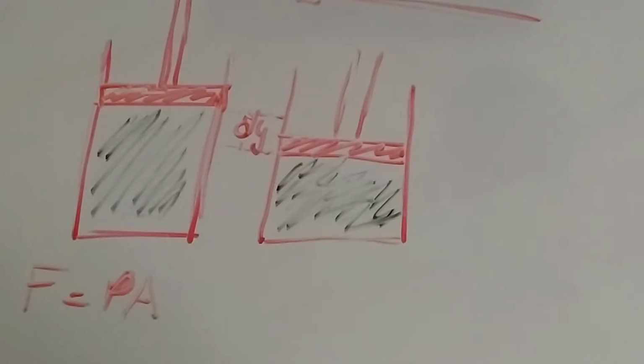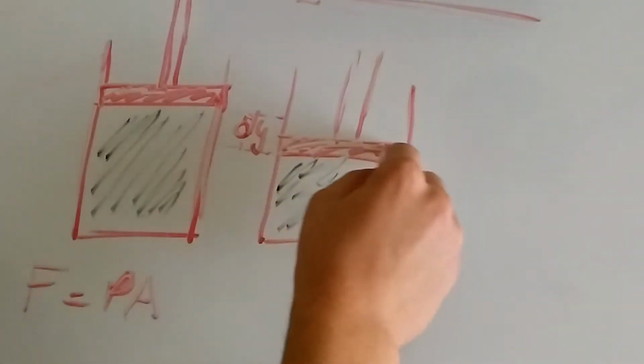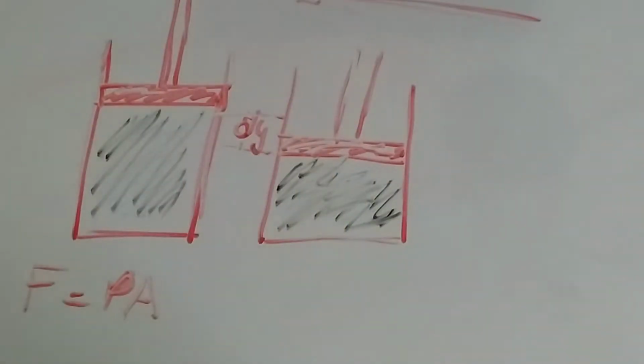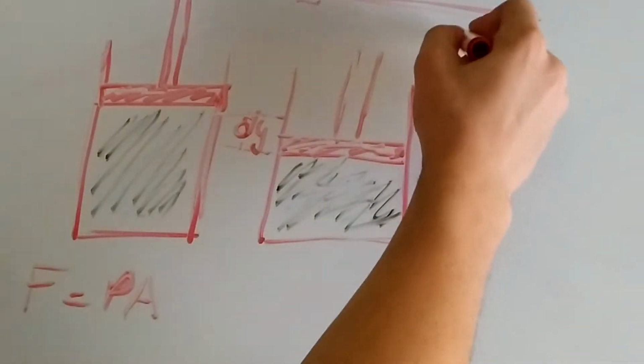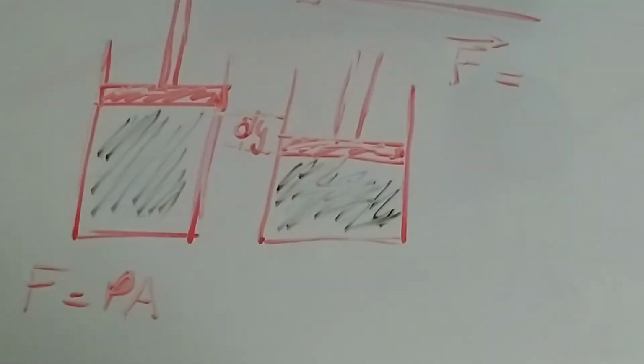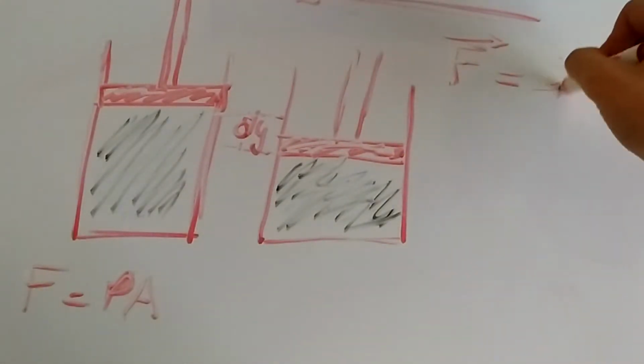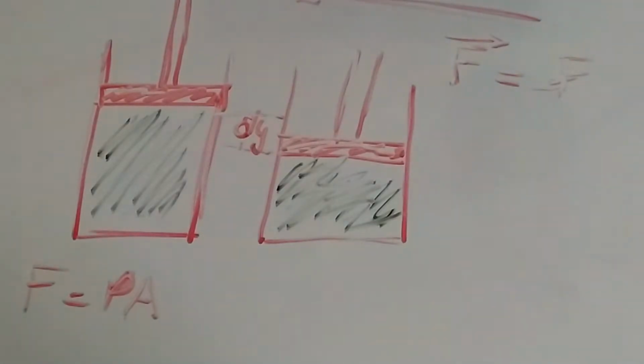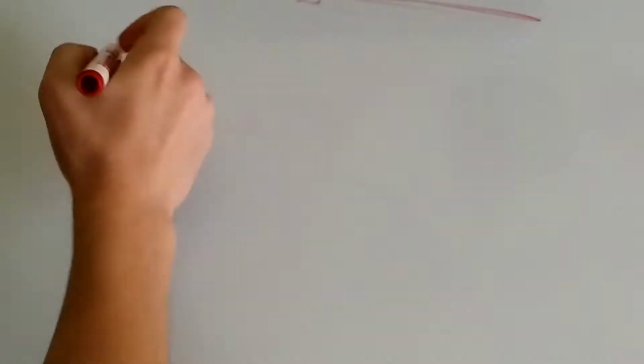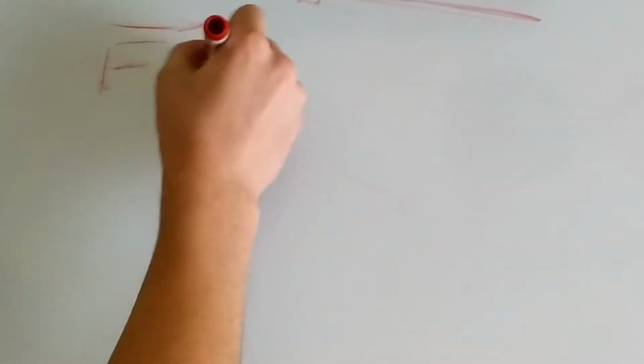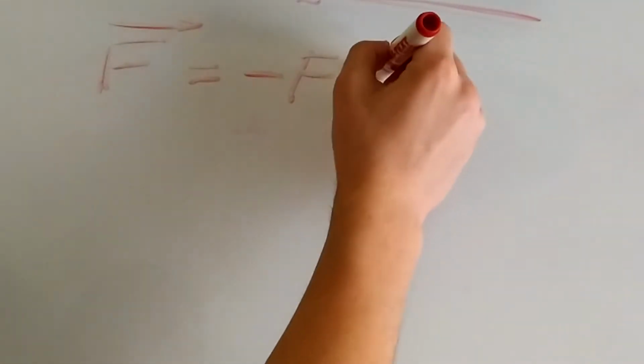Now, if we compress the gas and the piston moves a certain distance, let's say dy, the external force, F, is a vector, and we can express it as minus F times j.